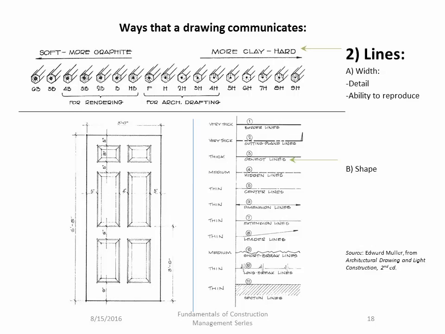At the top of this slide, what you see is a scale all the way from the softest type of drawing pencils, which have more graphite, a 6B, to the hardest type of drawing, which has more clay in it. A hard drawing line is difficult to reproduce. A soft drawing line becomes thicker on the page, and that's why they put more graphite in it, for example.